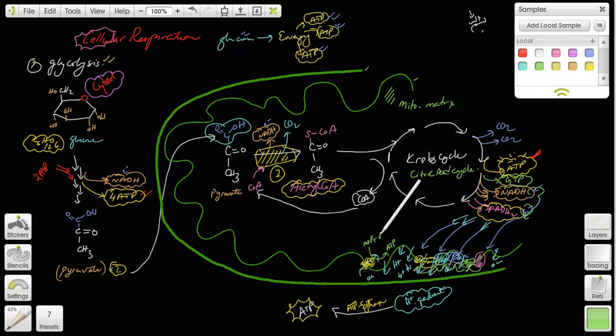ADP plus a phosphate group attaches to make ATP. In fact, from these you generate some 30 ATPs during this process. So this is a summary of cellular respiration.